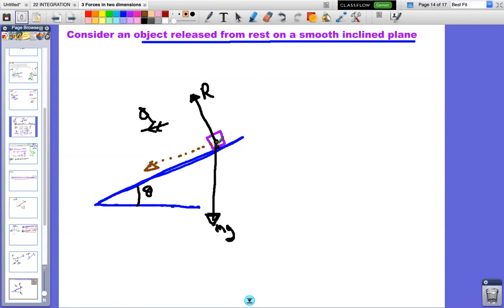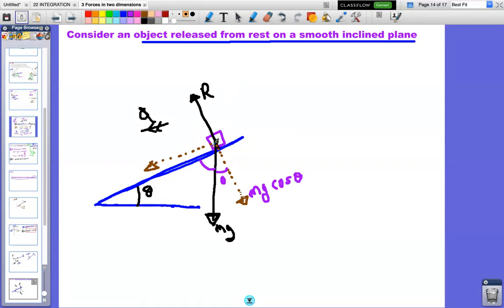So you have to resolve the weight perpendicular to the plane and along the plane. Now, if you look here, this angle is theta. So this angle must be 90 minus theta. And this angle is perpendicular to the plane, so this angle is also theta. So the component of the weight perpendicular to the plane is mg cos theta.